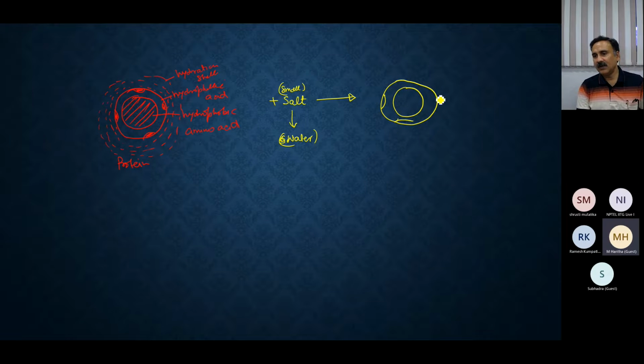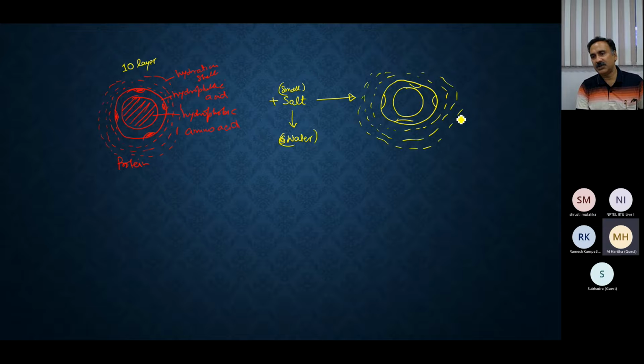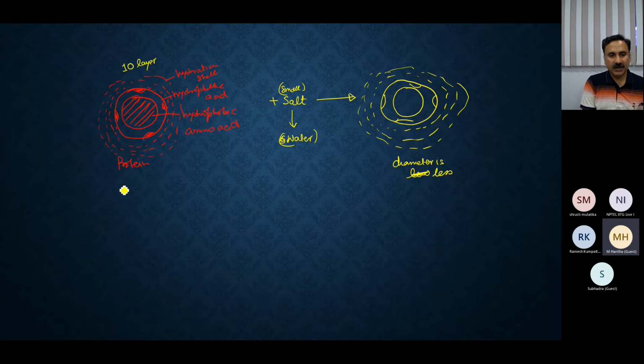Imagine that you have 10 layers of hydration shell here, and here we may have maybe 3. Because you have 3 hydration shells, the diameter of this protein is less compared to the diameter here.